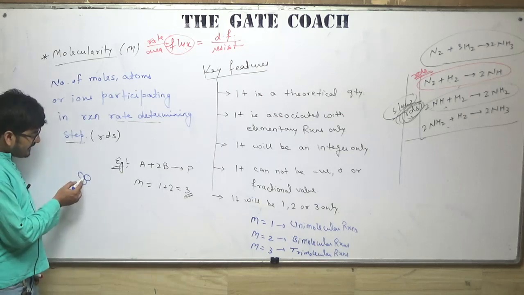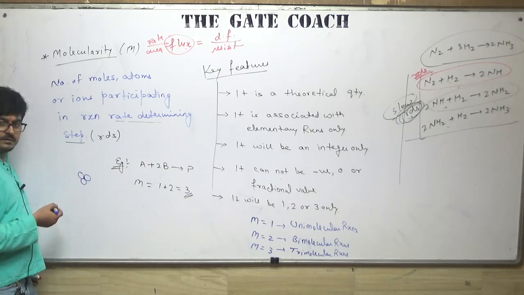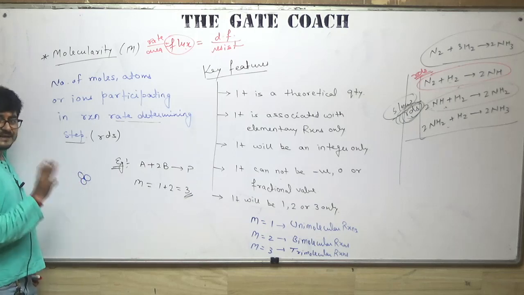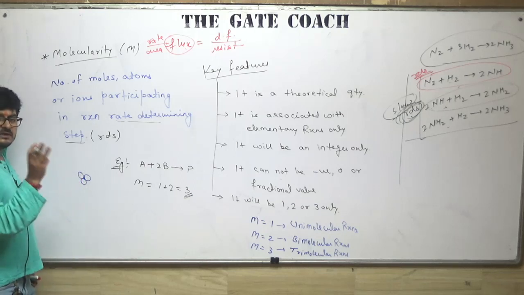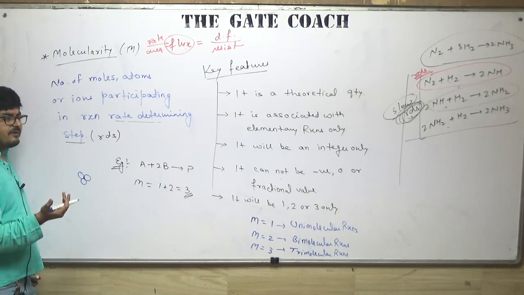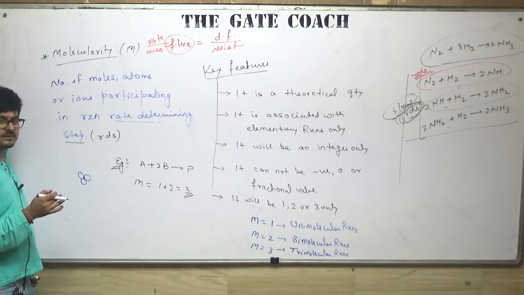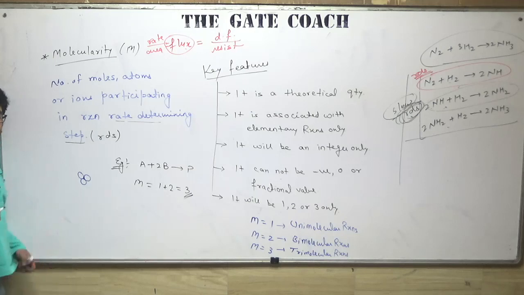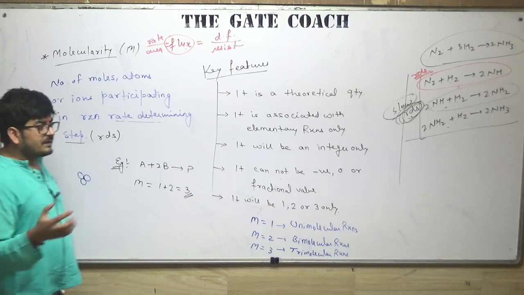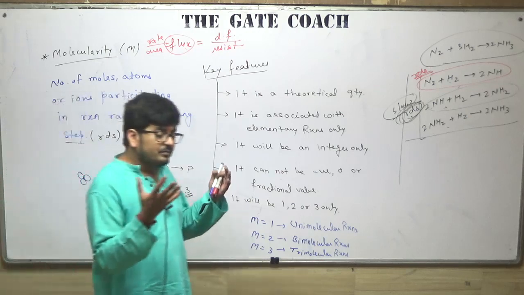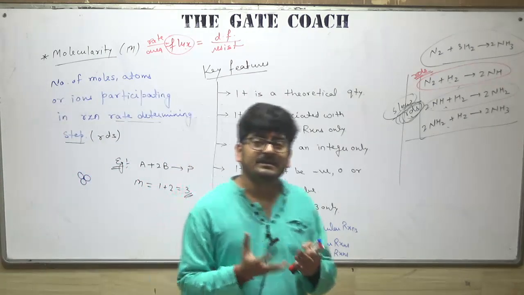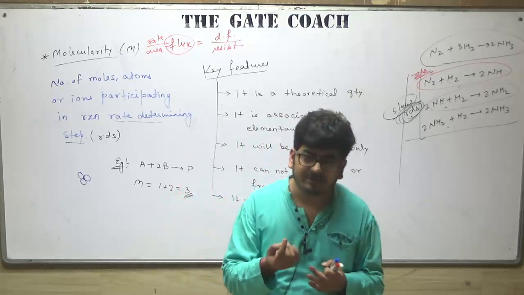Means at any point, suppose this is the point, at this point, maximum only 3 molecules can have the simultaneous collision. If we have more than 3 molecules, let's say 4, 5 or 6, whatever it is, even 4 molecules cannot have a simultaneous collision over a single point.